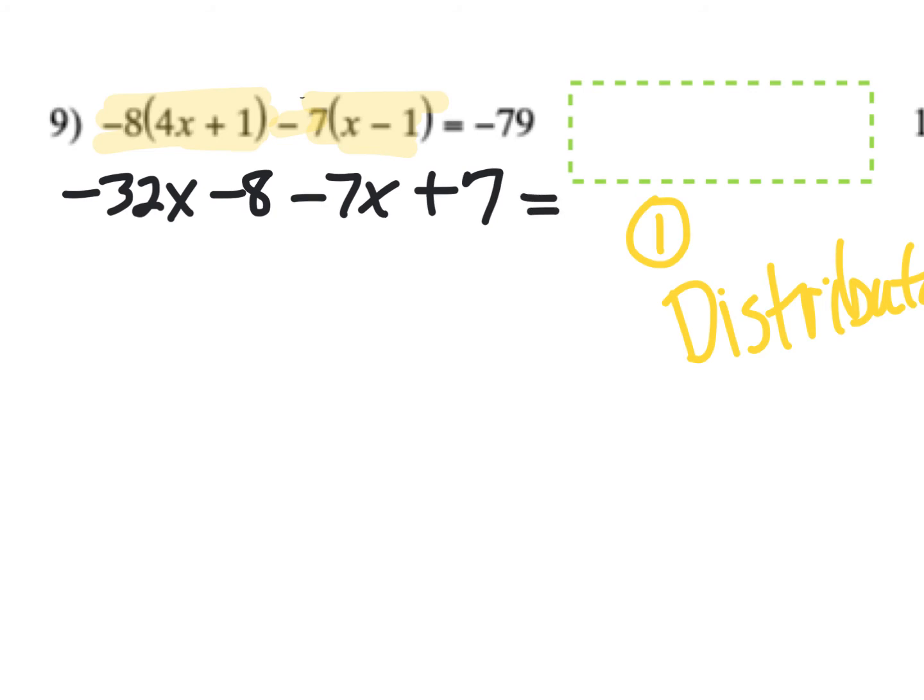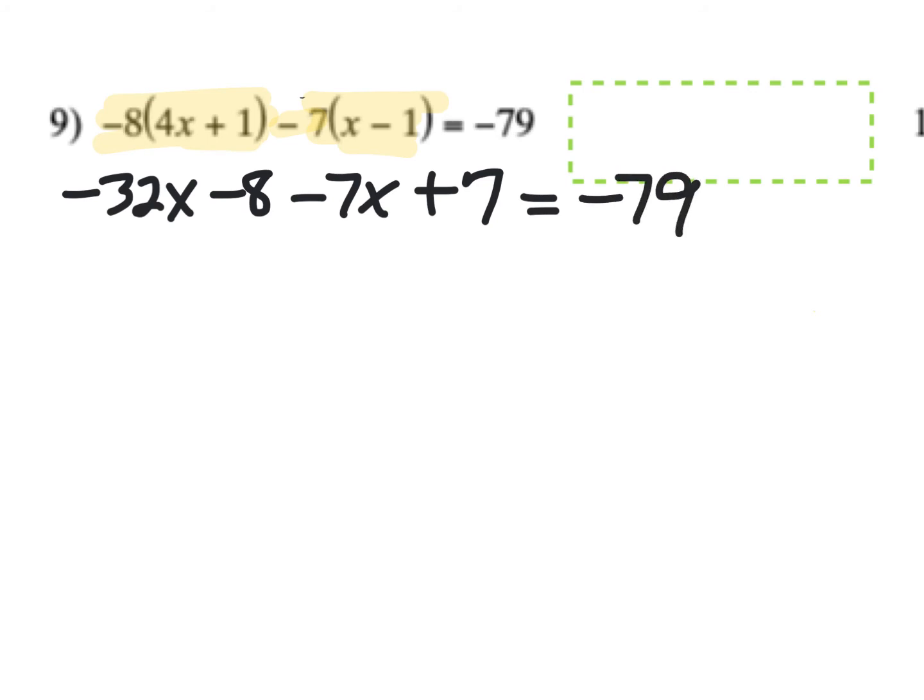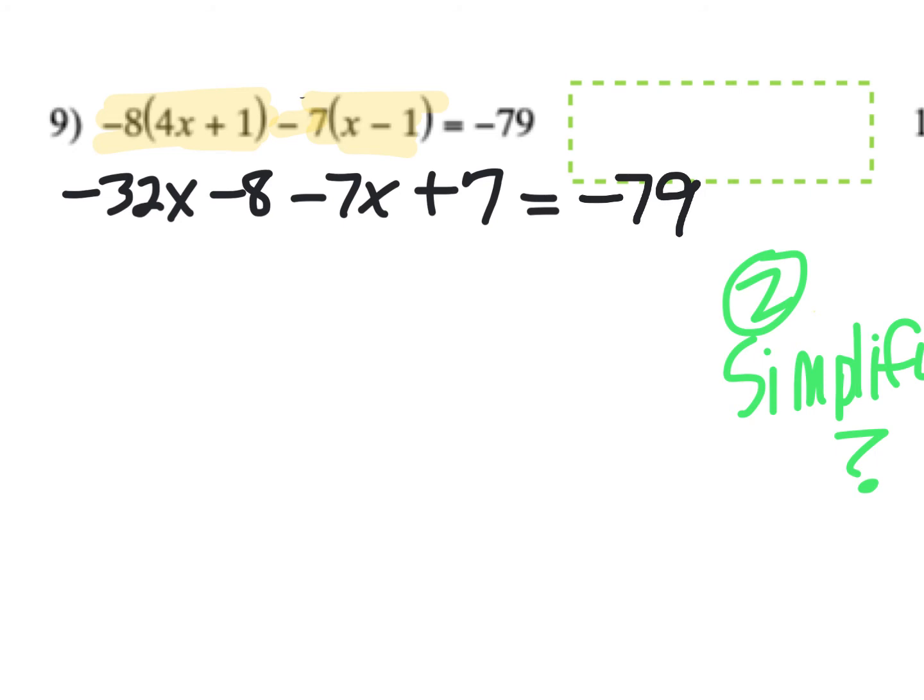And I'm going to just write the other side of the equation over on the right-hand side. So step 1, I distributed. Step 2, now we need to look and see, is there something we can do to simplify? And it's got to be on the same side, right?